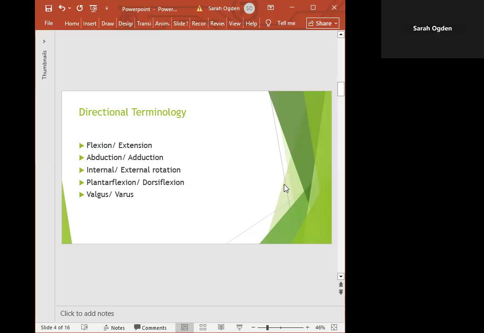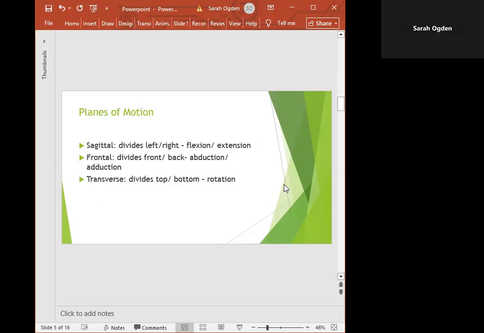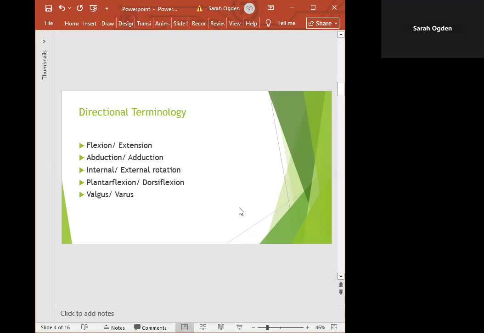Moving on to the planes. In the frontal plane, we look at adduction and abduction. These are movements that either move away from the midline of the body or towards the midline of the body.